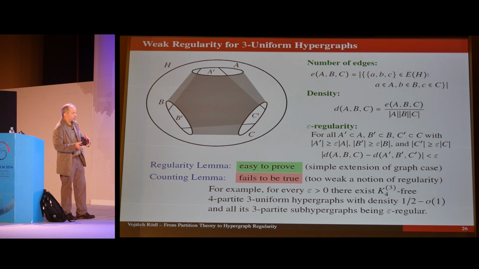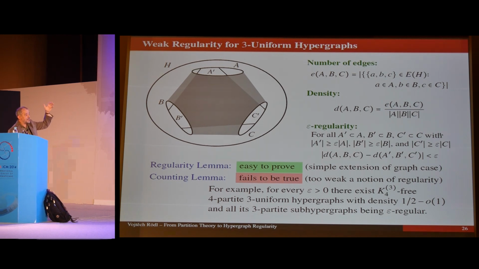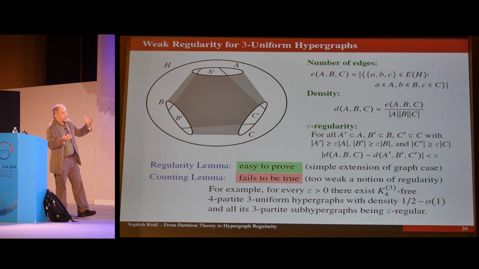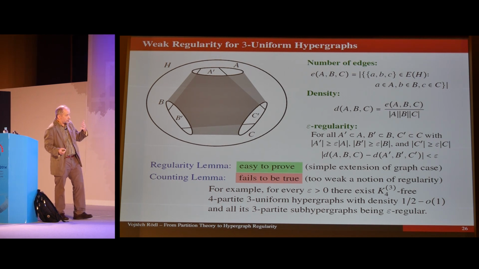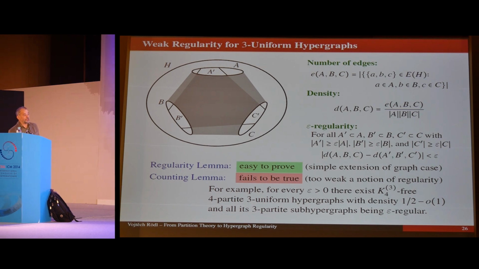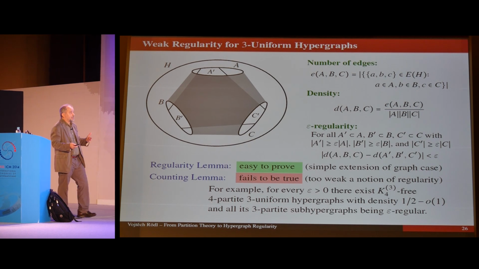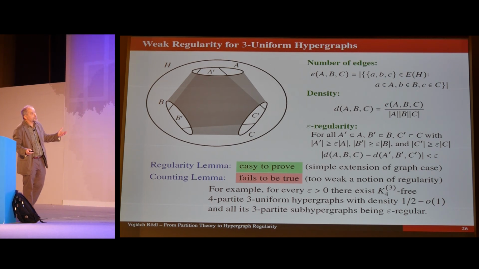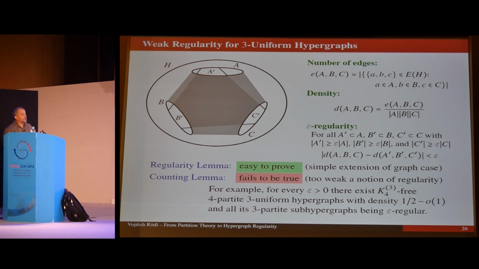For example, if I take 4 blobs, A, B, C, D, and consider a 4-partite, 3-uniform hypergraph where each triplet of the sets would have density about 1/2, I could construct it in such a way that it would be epsilon regular, yet it wouldn't contain any clique of size 4, which is the necessary thing I want to have for any application of the regularity lemma. So one has to do something else.